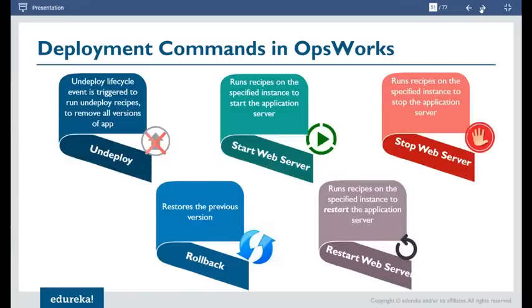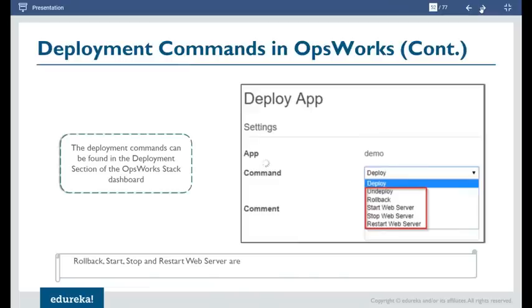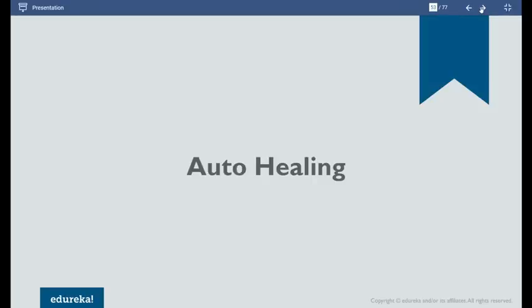I believe these are pretty self-explanatory. Rollback will roll back to the previous version, undeploy will undeploy that application version, start web server will start your web server, stop will stop your web server, and restart will initiate a restart of your web server. I just showed you these commands. It is under your application deploy options where you can execute these commands.